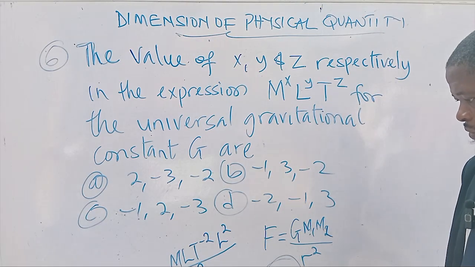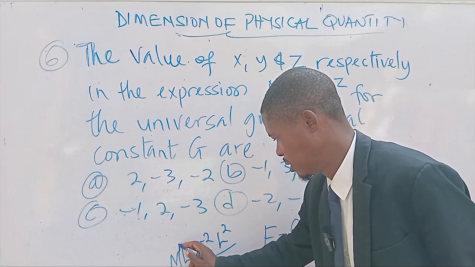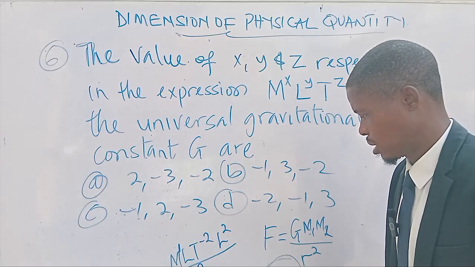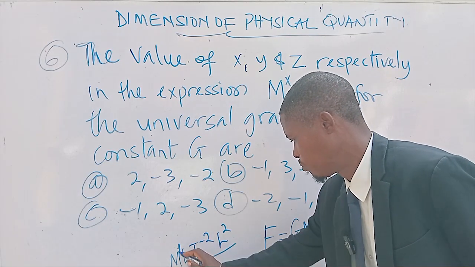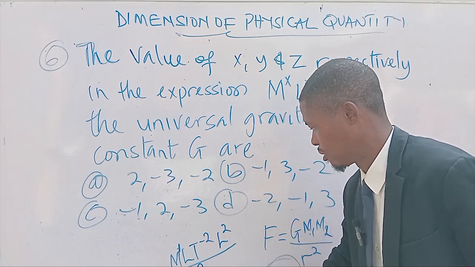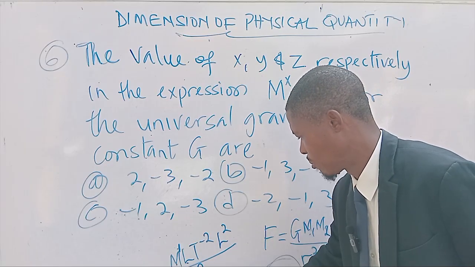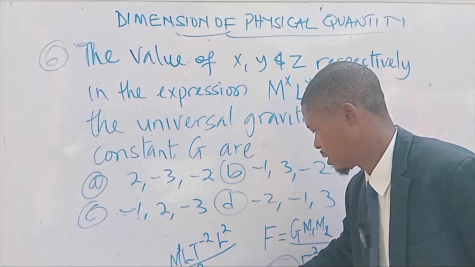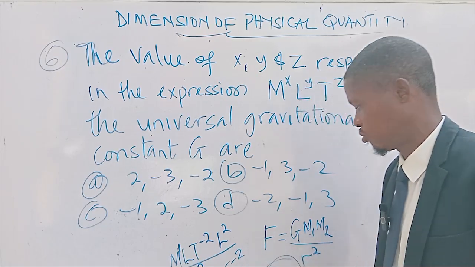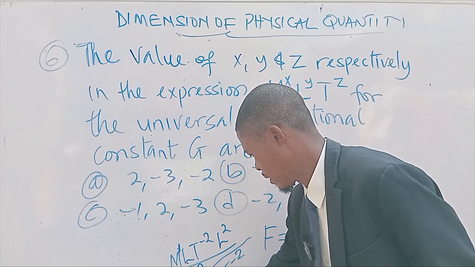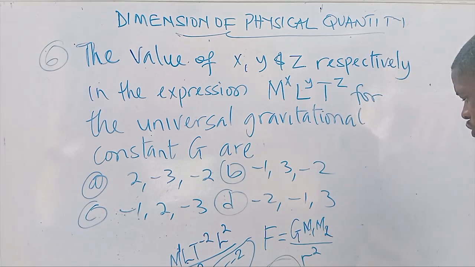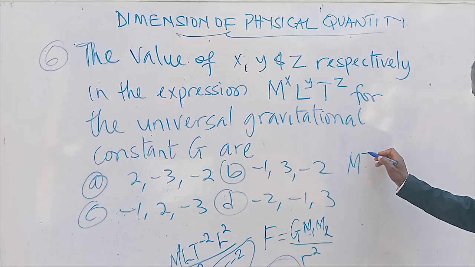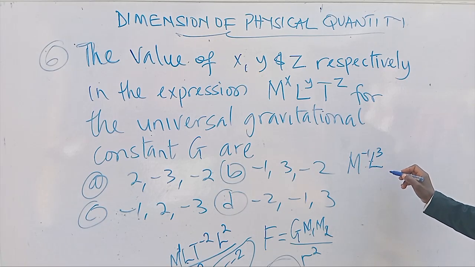So if you do the algebra, this is power 1, so that'll be M to the minus 1. That's 1 minus 2, so we have M to the power minus 1. This one and this one, that'll be L to the power 3, and then T to the minus 2. So that's the dimension for G, L cubed, T to the minus 2.